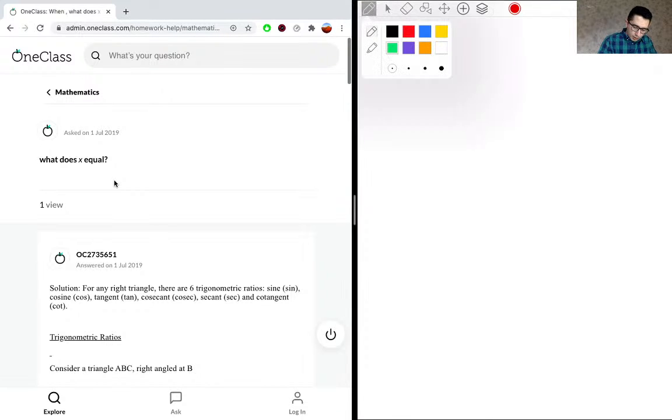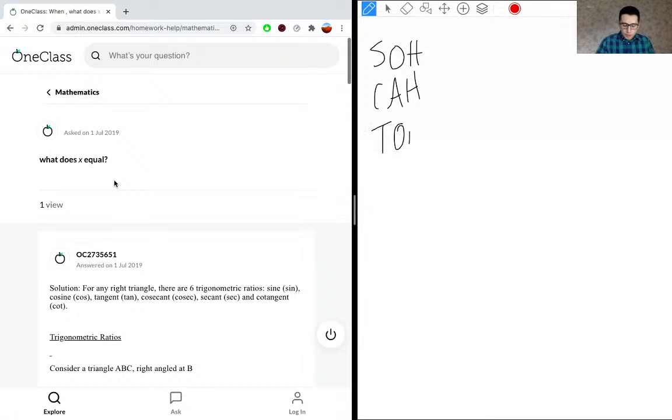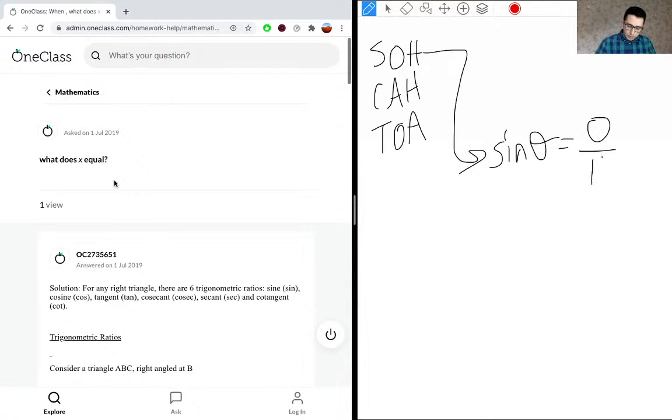We know that we have the mnemonic SOHCAHTOA. This just means that sine theta equals opposite over hypotenuse. So that's the first one.